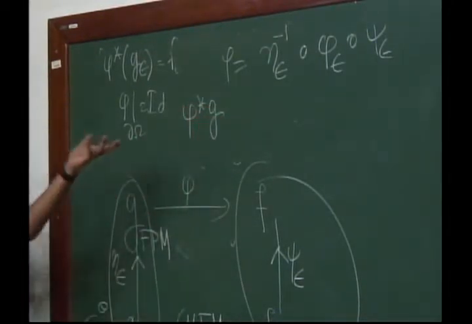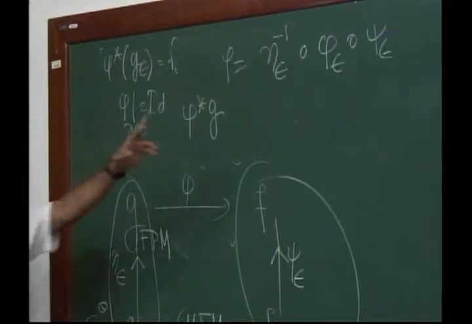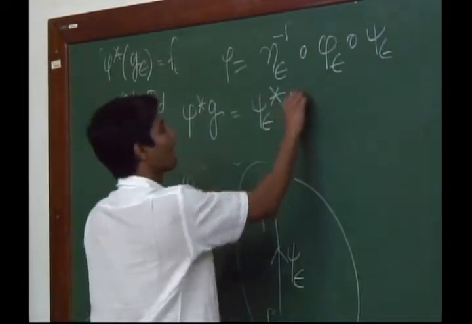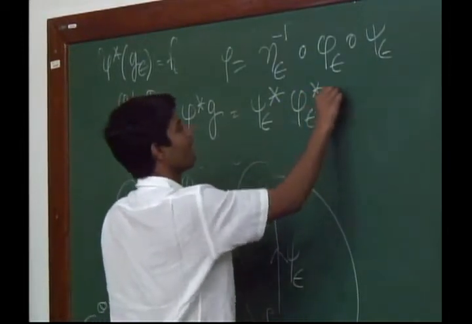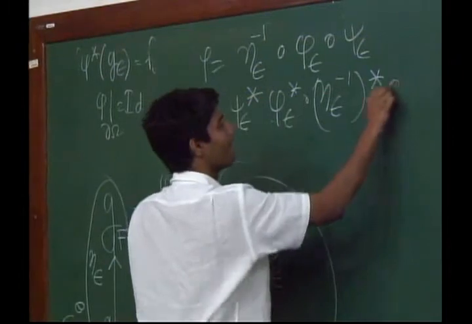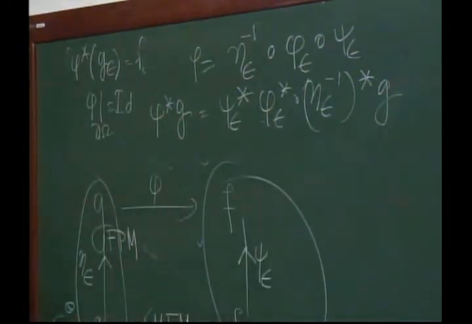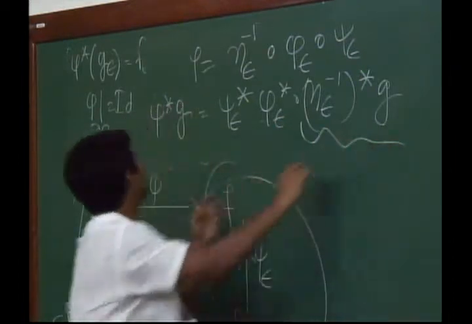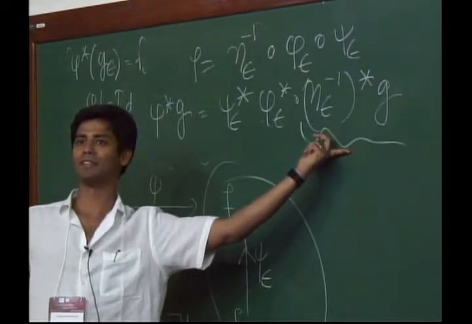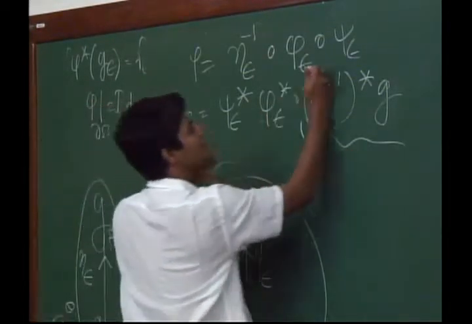Pullback is essentially anti-commutative. So when you take the pullback, what happens? Now what is this? Eta star G epsilon is equal to G. Therefore, this is nothing but G epsilon.